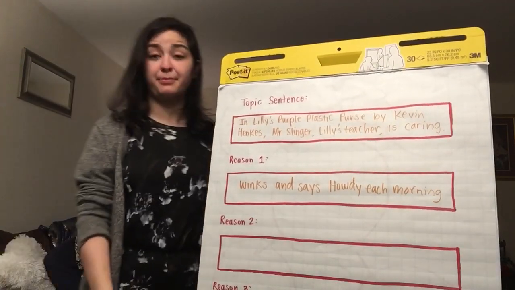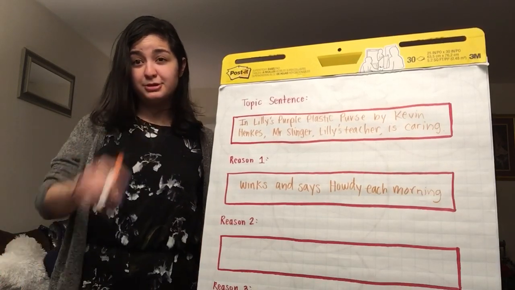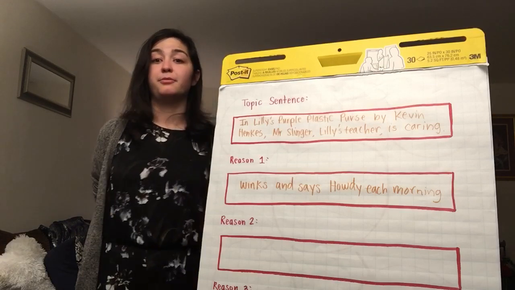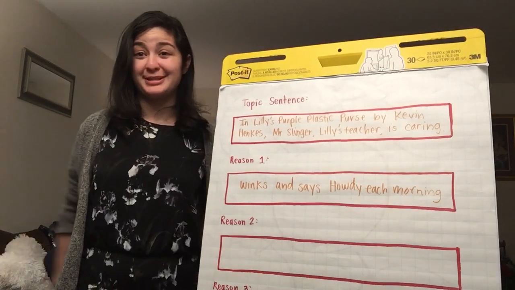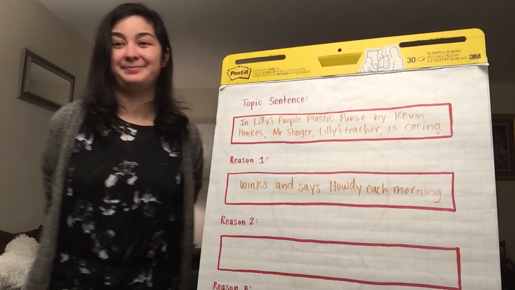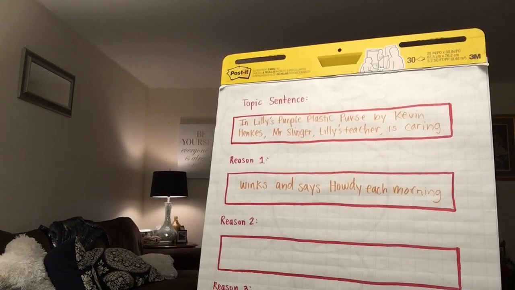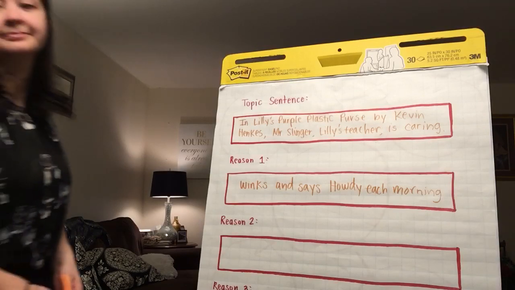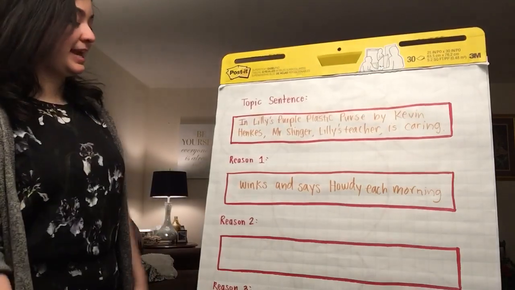Now, we came up with the first one together. Now, I want you to think of reason 2. What do you guys remember from Lily's Purple Plastic Purse? What do you think would prove that Mr. Slinger is caring? Turn and tell that person next to you what you think. All right.